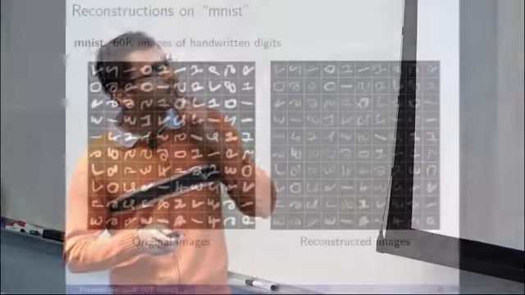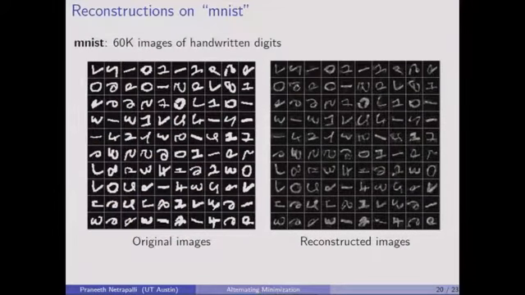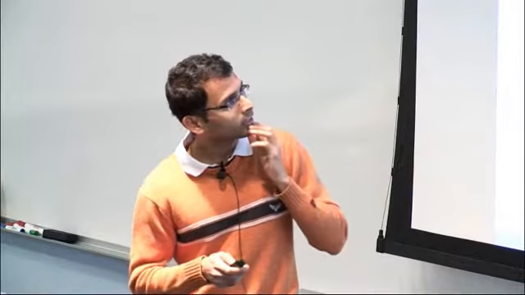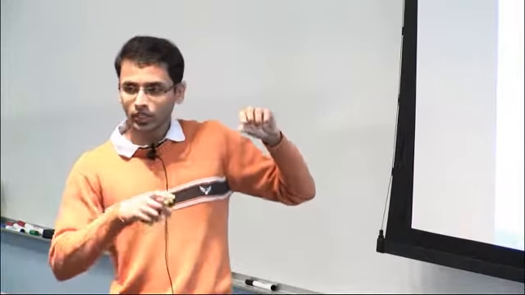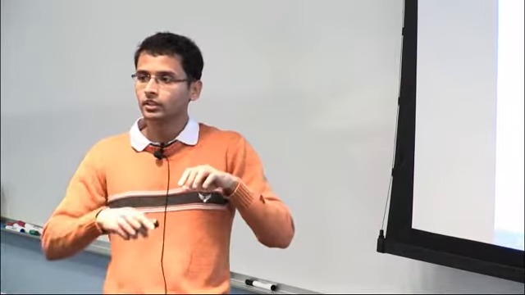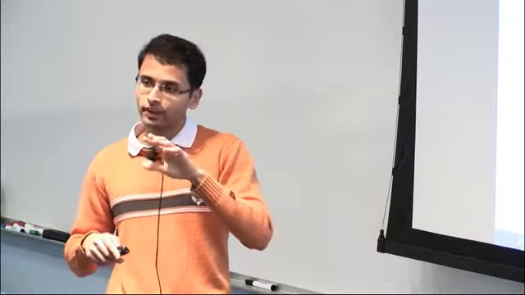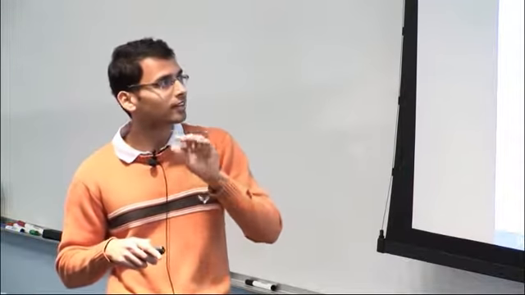So we implemented this algorithm on the MNIST data set, which has 60,000 images of handwritten digits, and here are the original and reconstructed images. In particular, here we took each 8x8 patch and we coded it using just 5 sparse reconstructions.